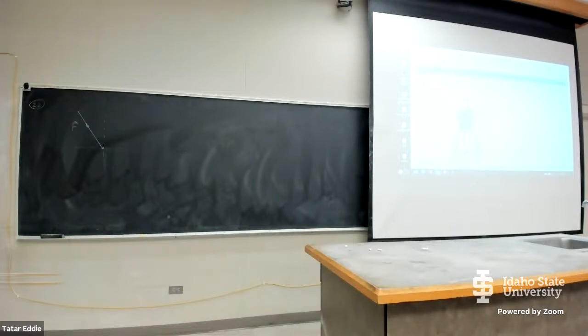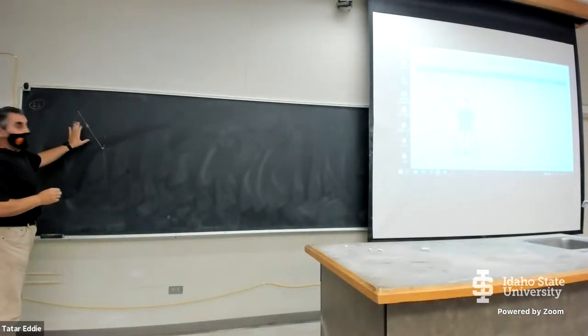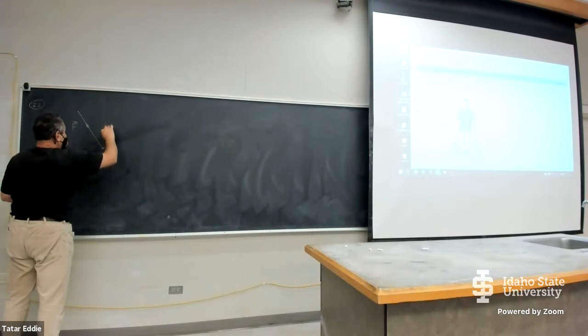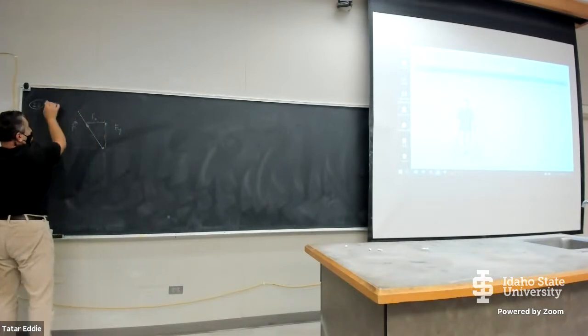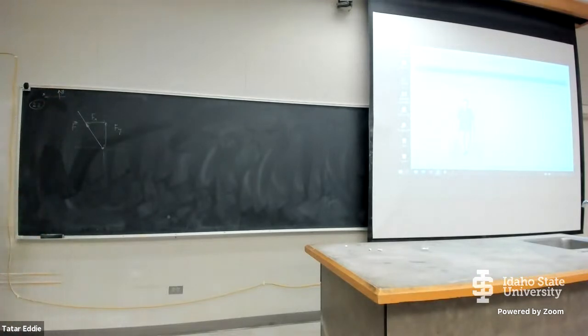Well, this means that if you decompose this force into components, one perpendicular to the surface and one parallel to the surface, in some coordinate system, let's say like this, positive. Let's work with positive numbers. So let's choose those directions as positive.